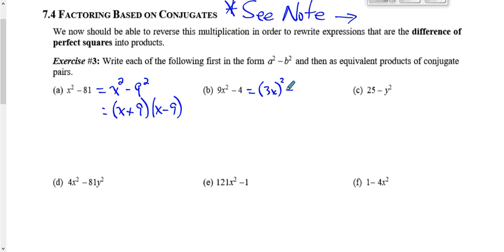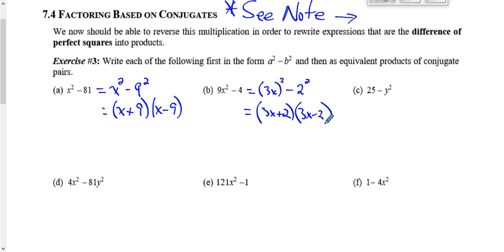Minus what squared? 2 squared, right? Now it looks like a squared minus b squared, so it should just be a plus b times a minus b. So what are the factors then? 3x plus 2 times 3x minus 2. There you go. You just factored the difference of two squares.